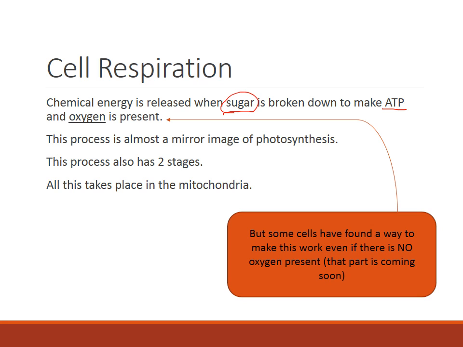This process also has two stages, just like what we see in photosynthesis. They're different, but they have some similarities, and we'll talk about those in a little bit. And it also takes place in the organelle called the mitochondria, which once again is kind of like the alternate brother of what we call a chloroplast. So let's check it out.